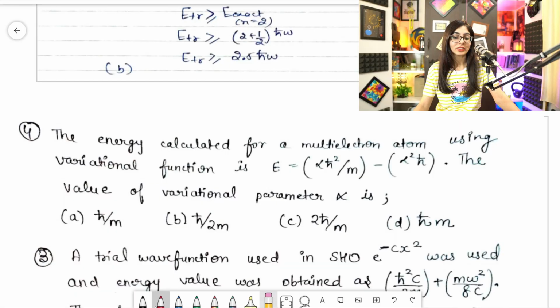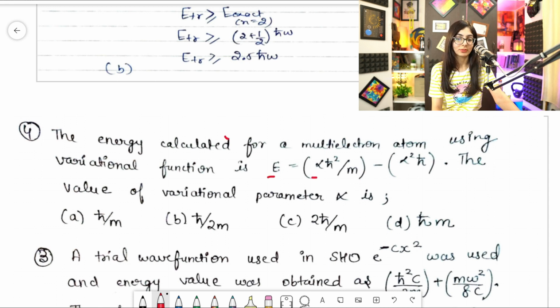So just pay attention to the screen, then only you'll get to know how that question looks. The energy calculated for a multi-electron atom using a variational function is E equal to this.